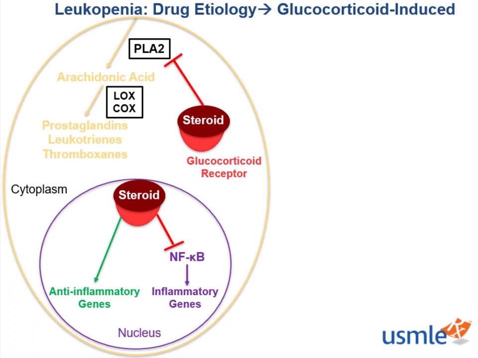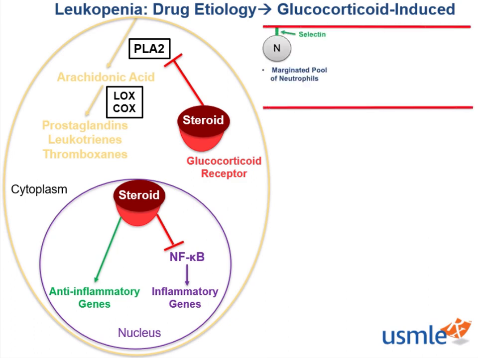Now, let's discuss what happens when glucocorticoids enter certain white blood cells, starting with neutrophils. You must understand that there is a marginated pool of neutrophils ready at a moment's notice. These stored neutrophils hang like bats in a cave from blood vessels, especially blood vessels in the lungs, via selectin proteins.